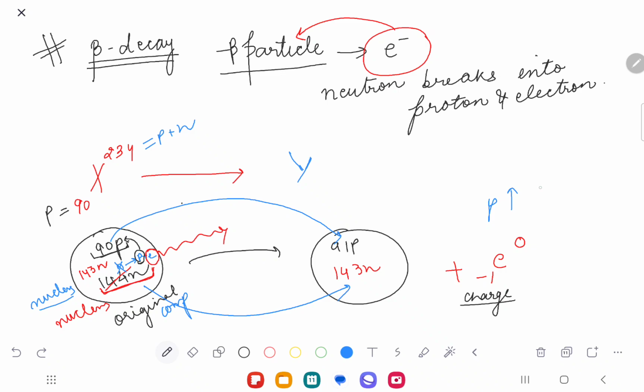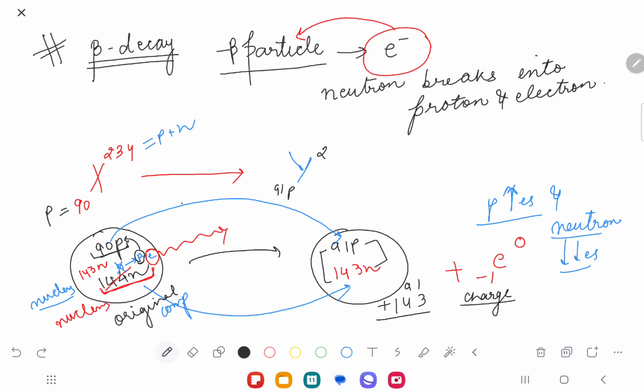So in a beta decay, protons increase and neutrons decrease. Understood? So now I will have a new nucleus which will have 91 protons and 143 neutrons, but you see the mass number? Just check out the mass number, 143 plus 91. When you add it up, it becomes still 234. So mass number has not changed.